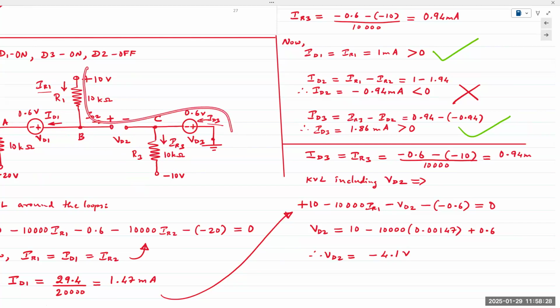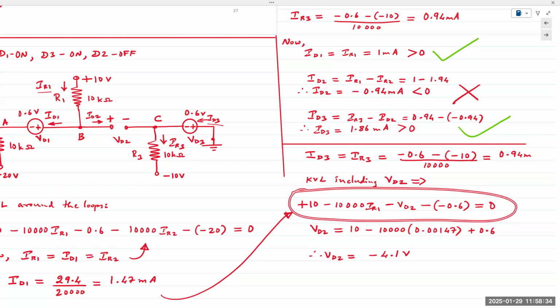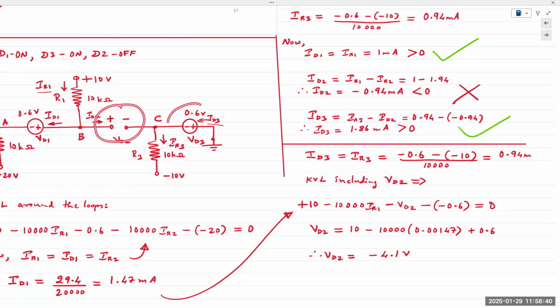I chose this one because it's one less voltage I need to find. So I applied plus 10 at the top, minus 10,000 IR1, minus VD2, and minus 0.6 should sum up to 0. I solve for VD2. It turns out to be minus 4.1 volts, a negative voltage, which matches my assumption that diode D2 is off.